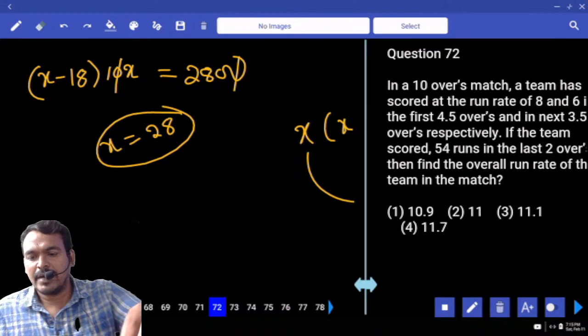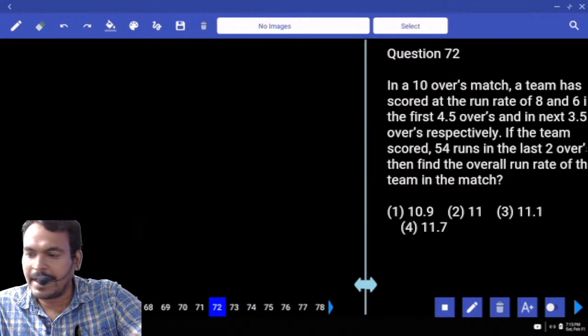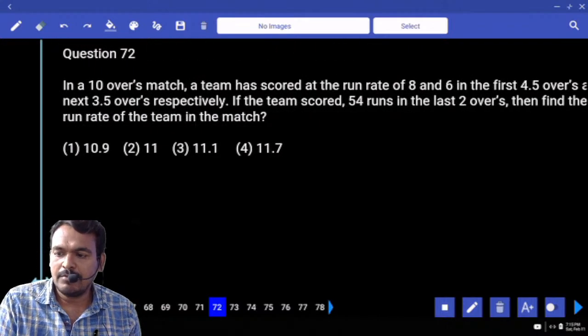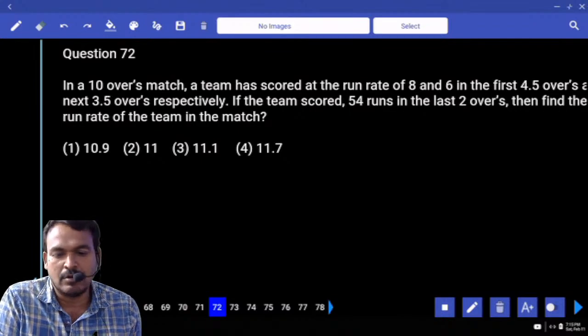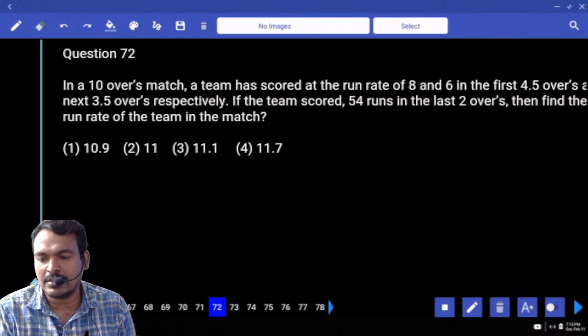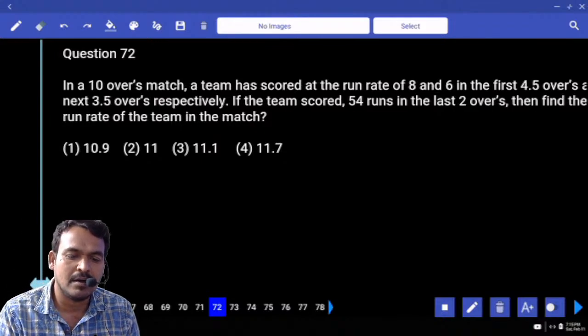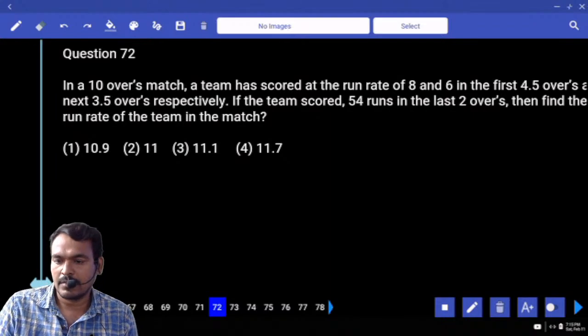In a 10 hours match, a team has scored at the run rate of 8 and 6 in the first 4.5 hours and next 3.5 hours respectively. If the team scored 54 runs in the last 2 hours, then find the run rate of the team in the match. Total how many hours? 10 hours.